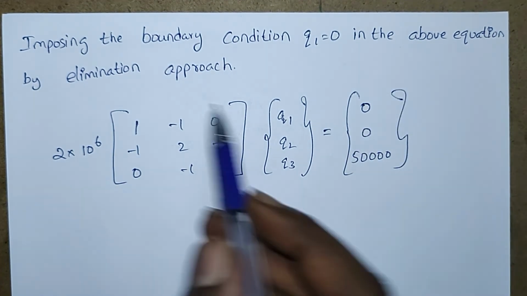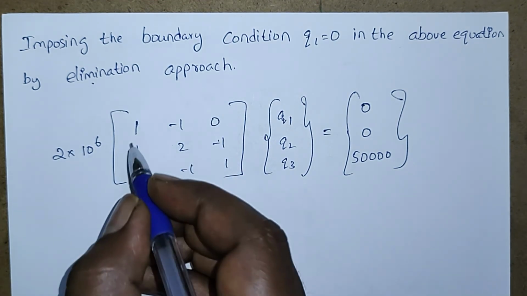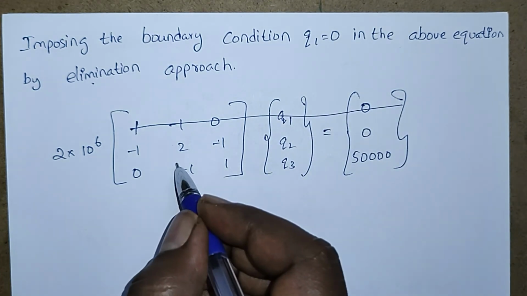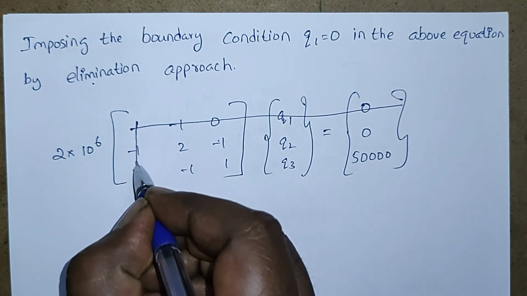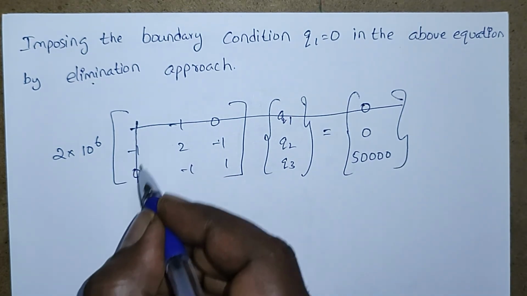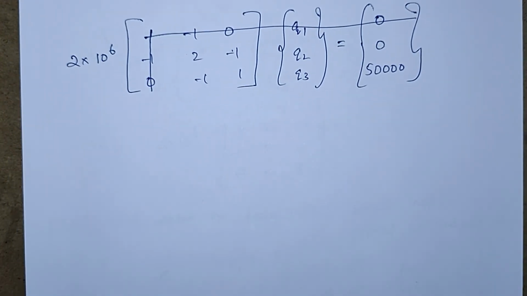What we are applying here is the elimination approach: the first row and first column we are eliminating.